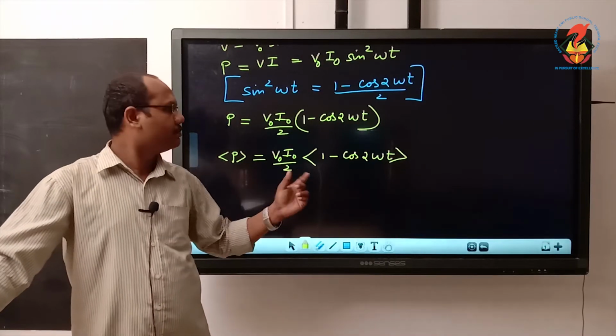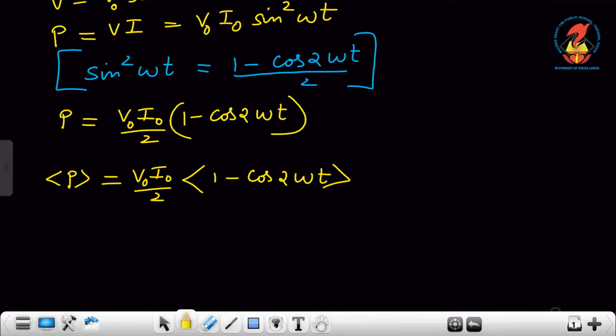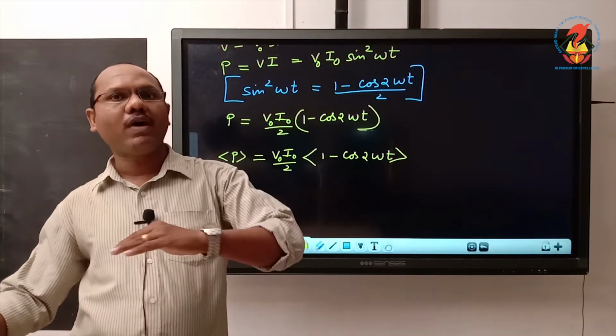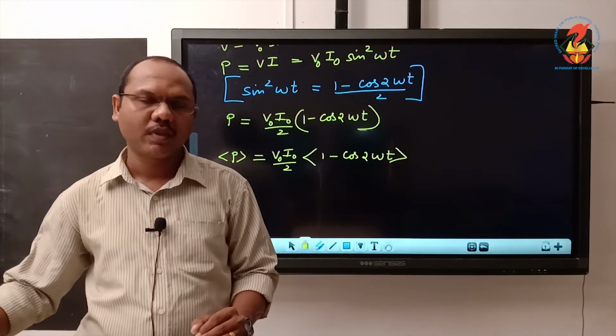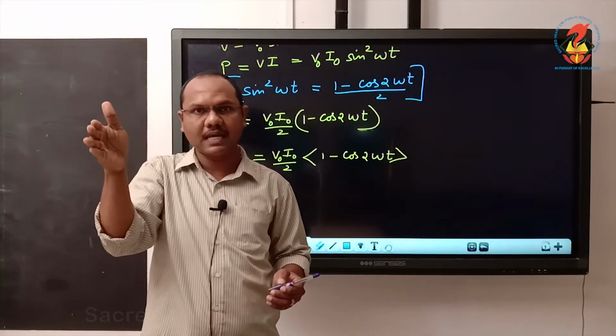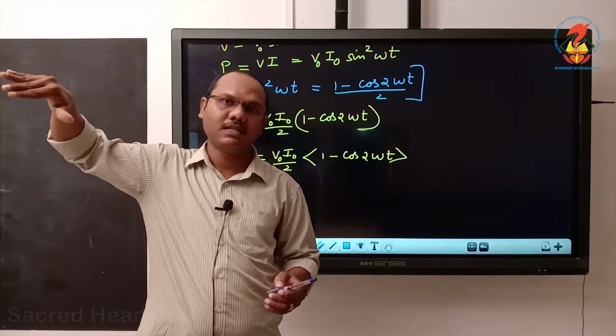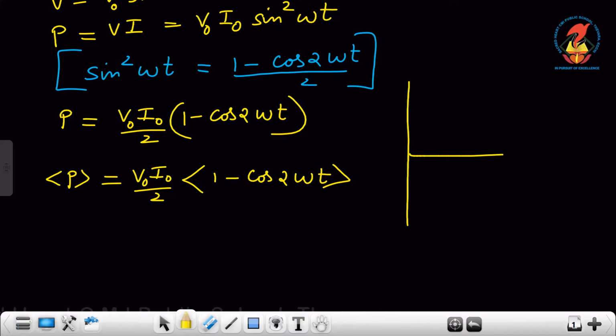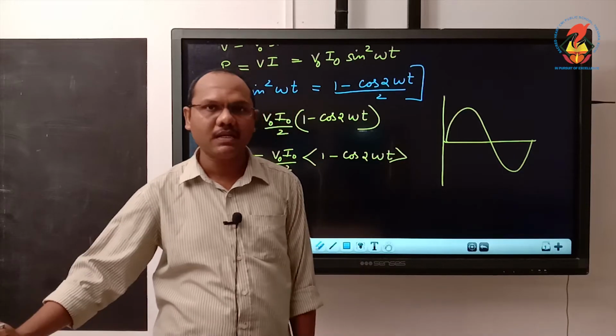Look at this equation. Here cos 2 omega t is time dependent. When I take one full cycle of AC, you already know what is meant by alternating current: there is a positive cycle and a negative cycle. So if I consider one full cycle, there are equal positive values and equal negative values. So when you take the average, its value will be 0.